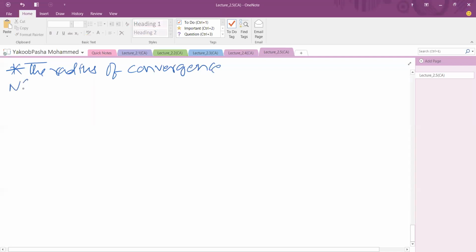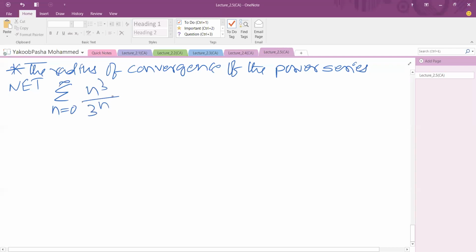And this is also a NET problem. Find the radius of convergence of the power series summation n equal to 0 to infinity n cube by 3 to the power of n into z power n.